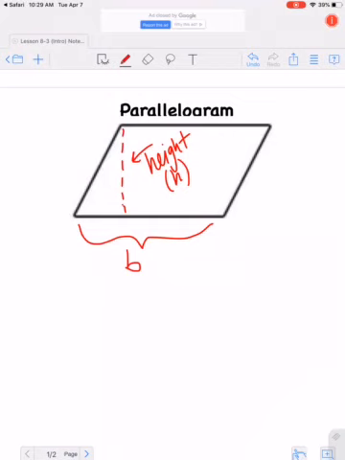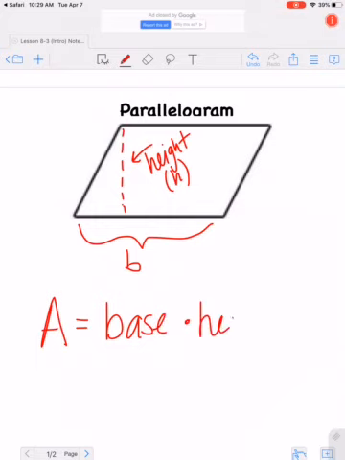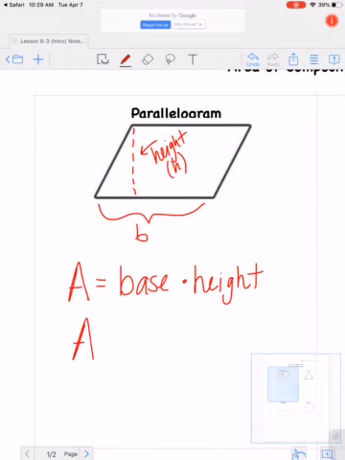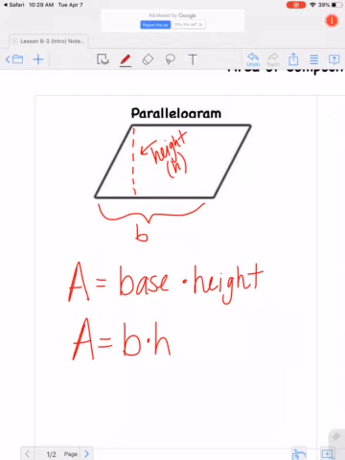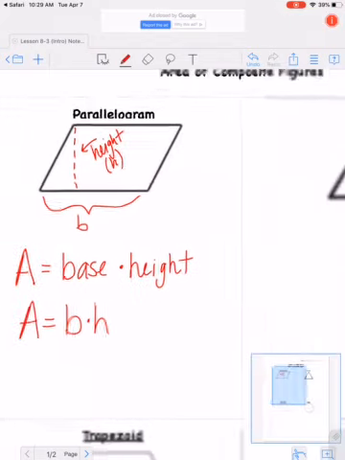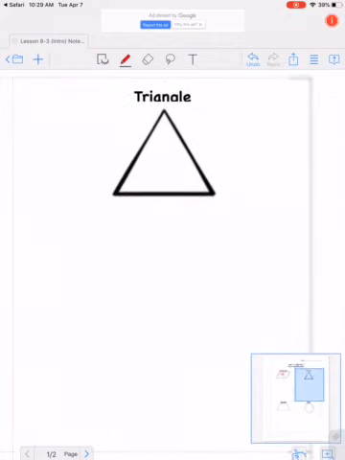So in order to find the area of the parallelogram, we multiply your base times your height. Another way that you could write it is A is equal to B times H. Alrighty, for a triangle.